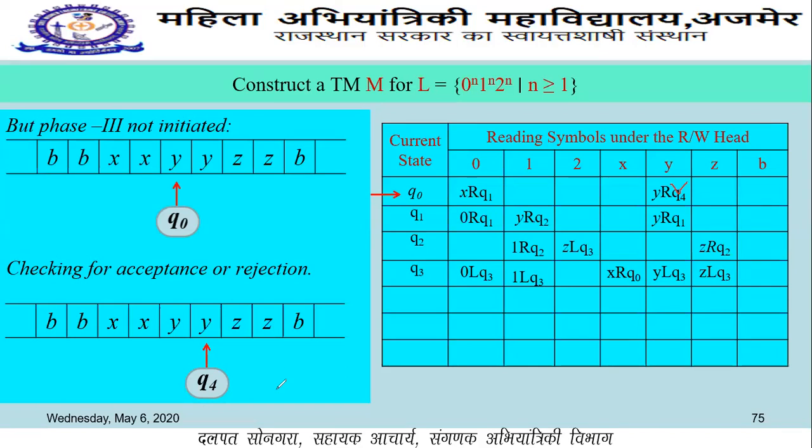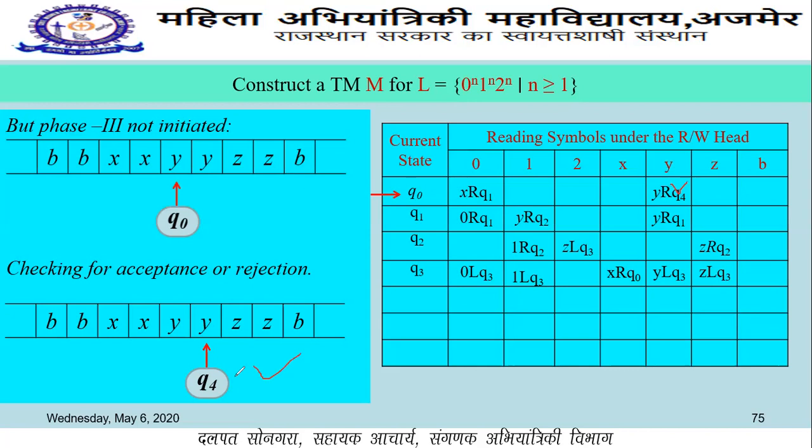Again, when we read y at q4, that is also passed, because it indicates that there is no 1. If we read 1 at q4, then it is a halt situation.